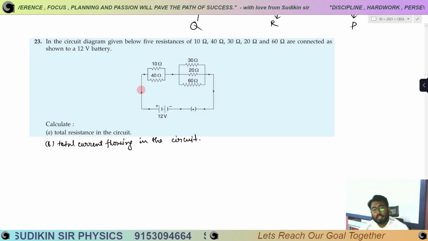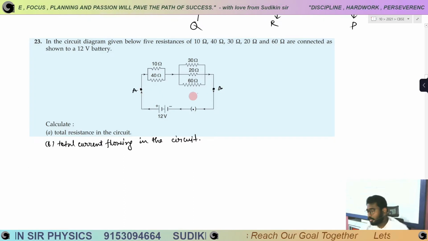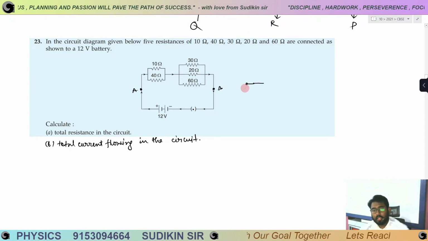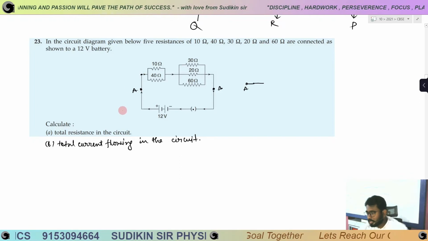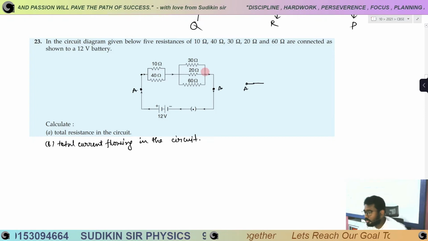See, if I take two terminals, this is terminal A, this is terminal B. Now can I break it in this way? See, from A I am writing here. If this is A, this one will also be A, right? Because there is no resistance in between them. If this is B, this point will also be B, because there is also no resistance in between them.